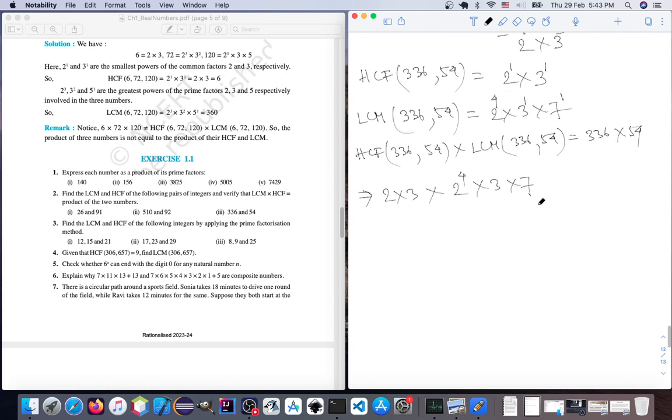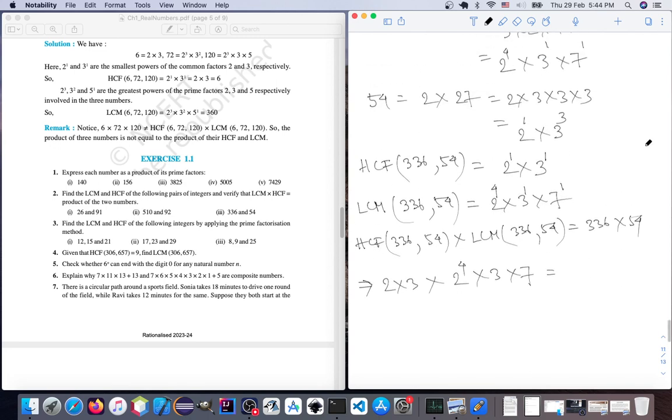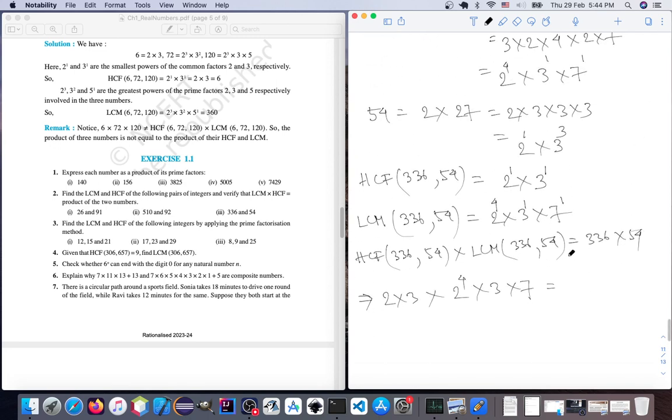If we substitute the 336 and 54 by their prime factorization, we get 2 to the power 4 into 3 into 7 into 2 into 3 cube.